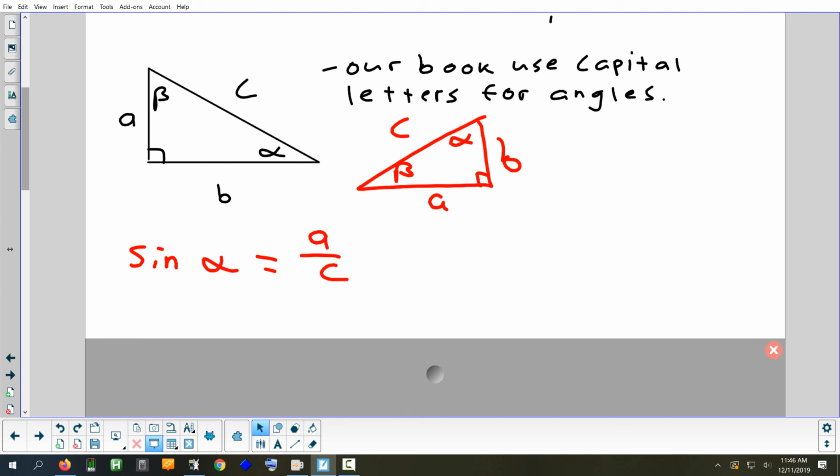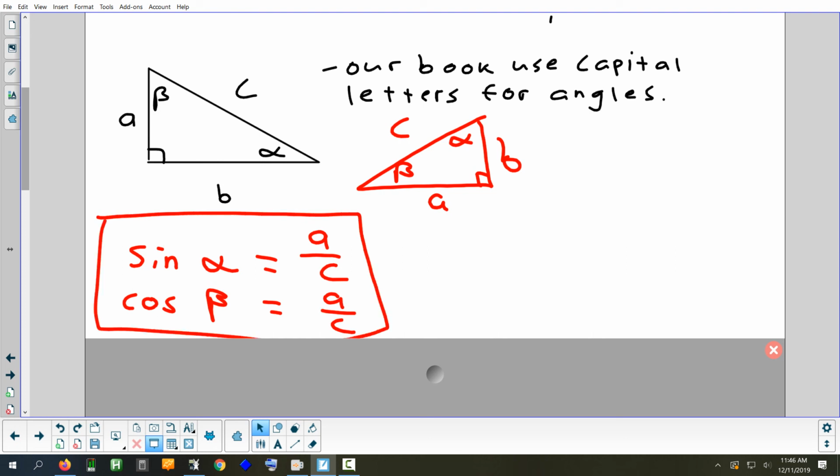Now, let's find the cosine of the angle that's complementary to alpha, beta. What's the cosine of beta? It's adjacent over hypotenuse, which is also A over C. Let's do one more of those.